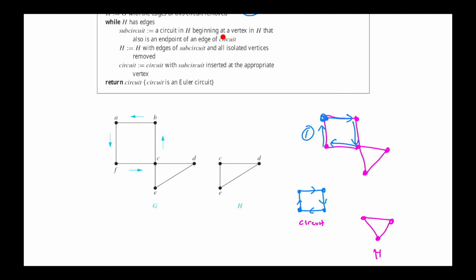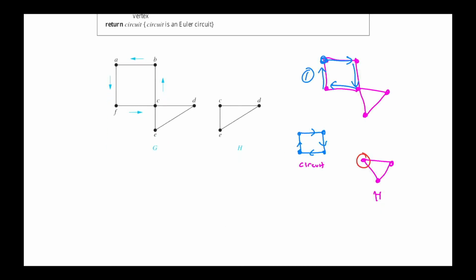So what that means is, when we broke this graph up into two pieces, they were connected right here, and that was this vertex, which is also this vertex. So you start here, and we're going to find a circuit. And again, you just start taking edges. It's guaranteed to work out, and you do that.